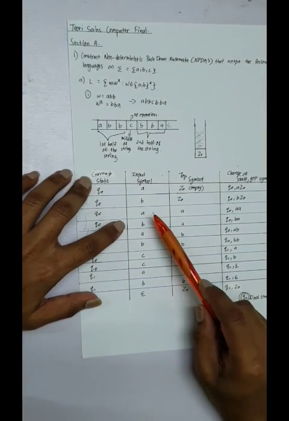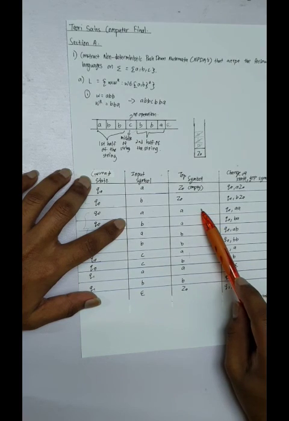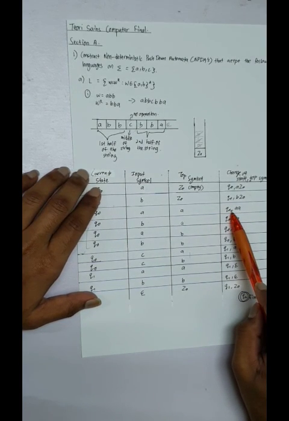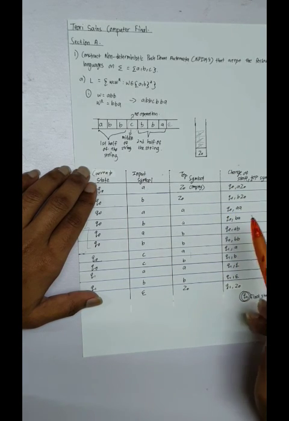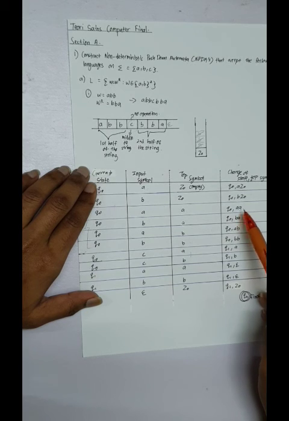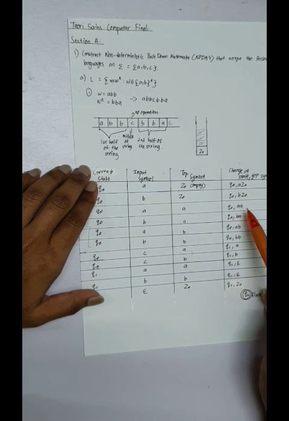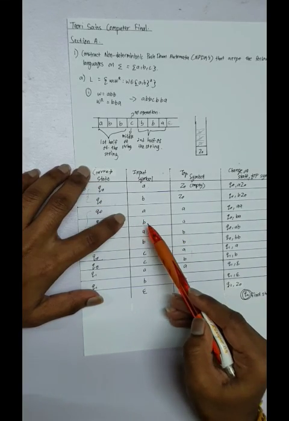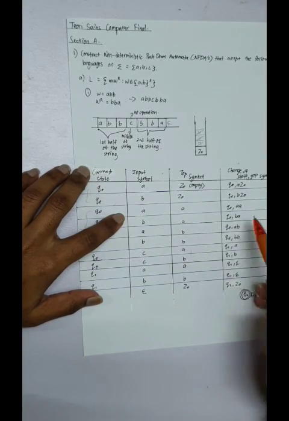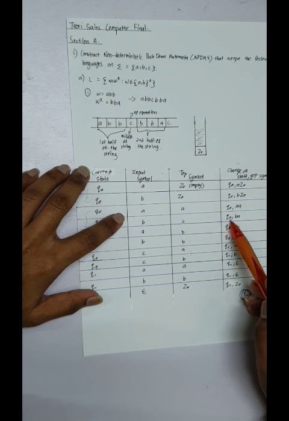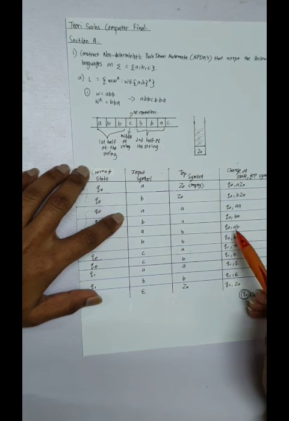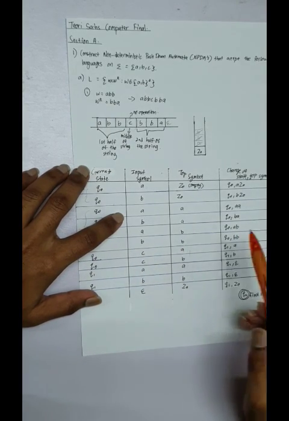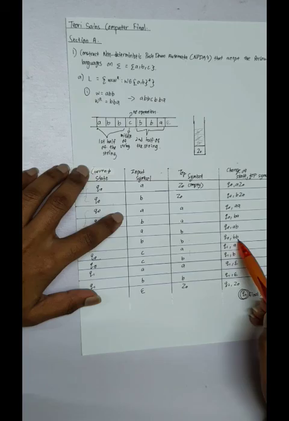If the input symbol is a and the top symbol is a, the automata remains at the same q0 and adds a to the stack. When it reads b and our topmost symbol is a, it adds b to the stack and becomes q0 ba. When it reads a and the topmost symbol is b, it adds a to the stack and q0 ab. And when it reads b and the topmost symbol is b, q0 bb.